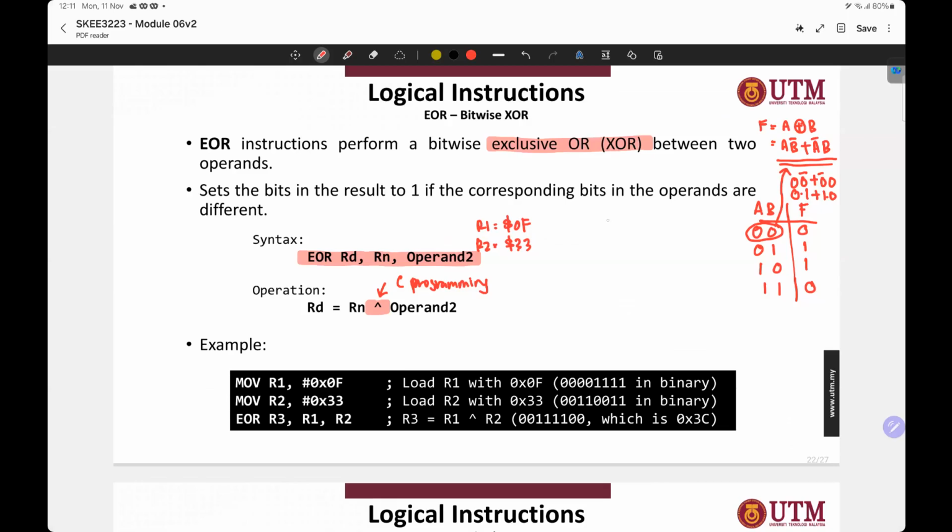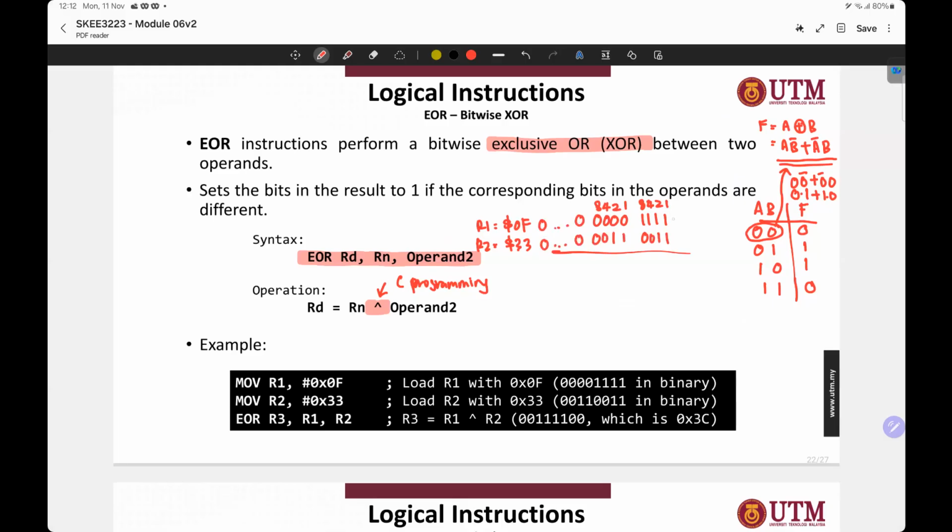So 0F is 0 0 0 0 1 1 1 1. Using the 1 2 4 8 method, you can change this number without difficulty. 33 is 1 1, 1 plus 2 is 3, 1 plus 2 is 3. The rest you put 0, and make it until 32 bits.